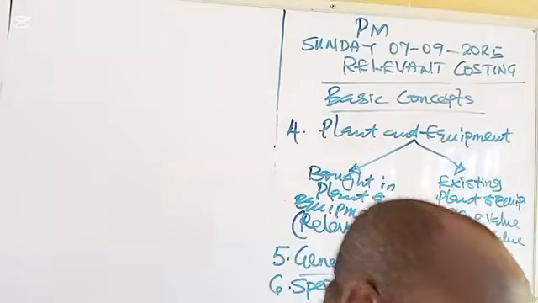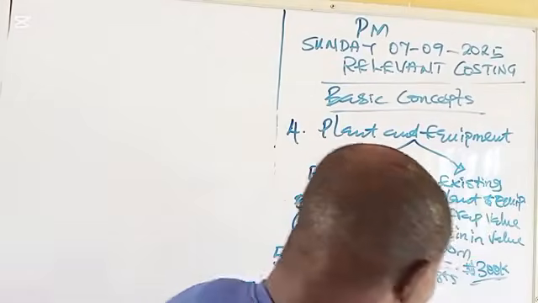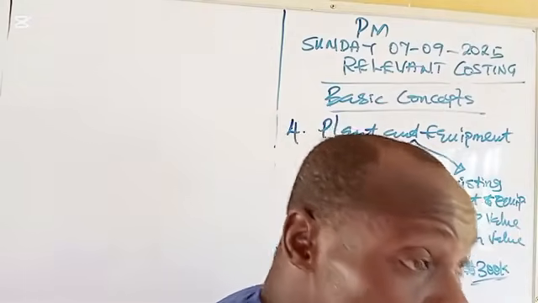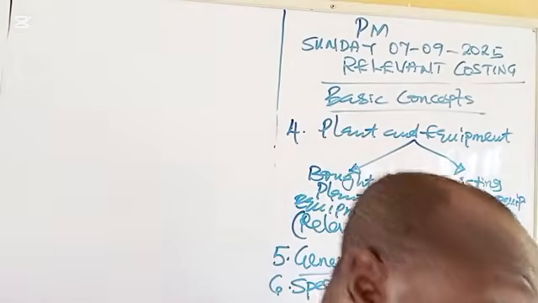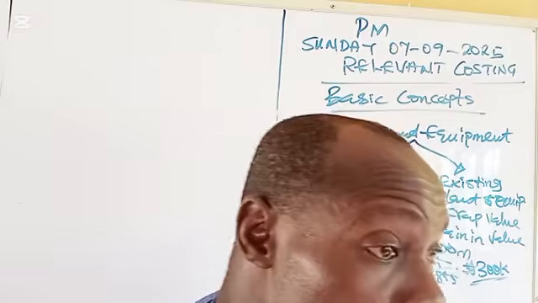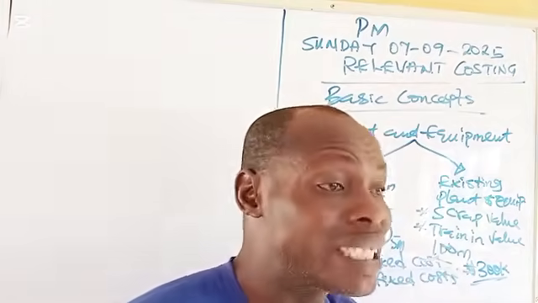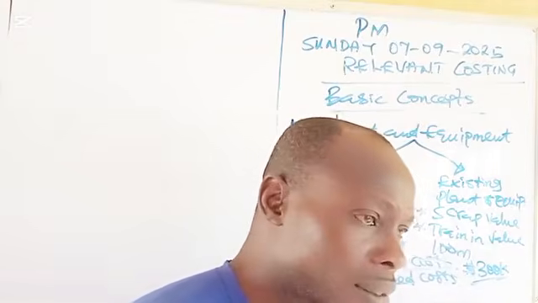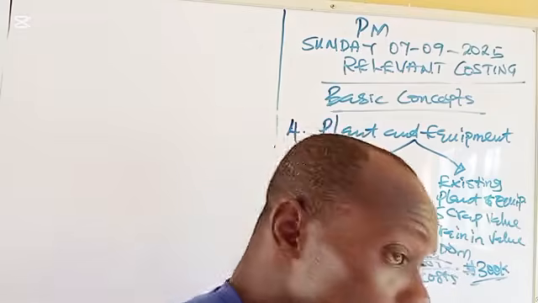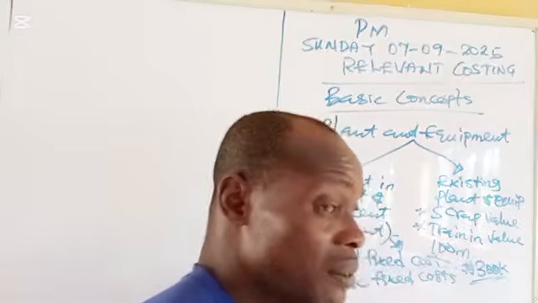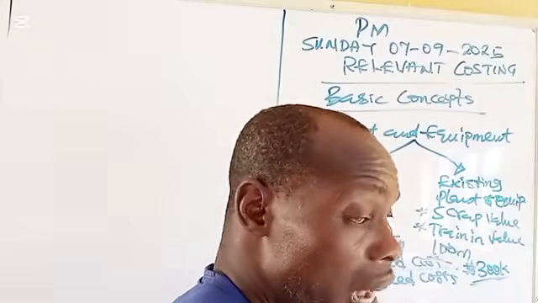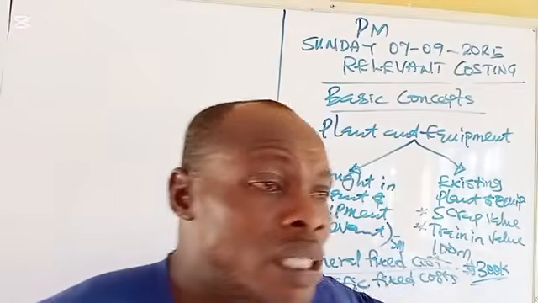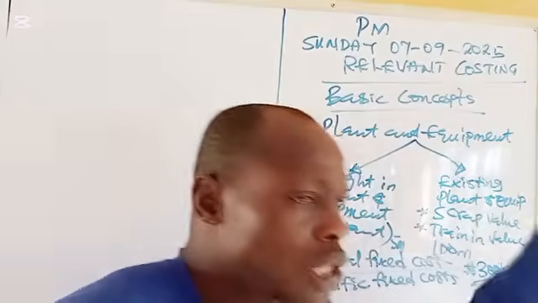Why does my rent increase? My rent will increase from 300,000 to 400,000 if I'm now having 55 students, because I am engaging more students than planned. I planned for 50 students, but I'm increasing to 55. That is the reason I'm incurring an additional 100,000 naira. That means the reason for incurring the 100,000 is the decision I'm about to make.